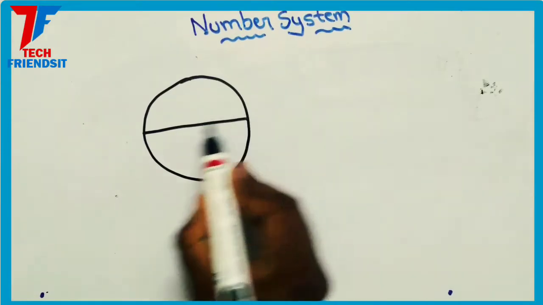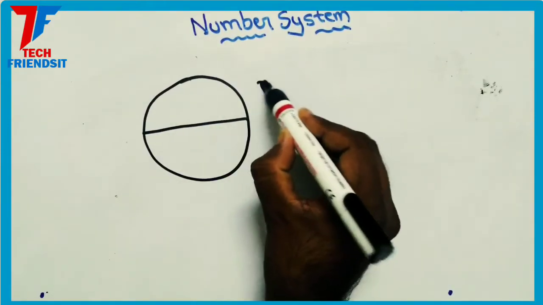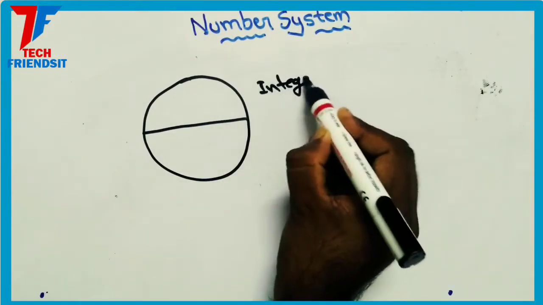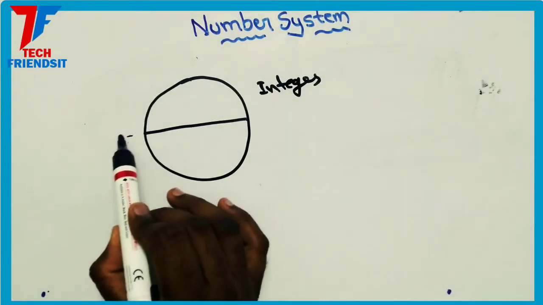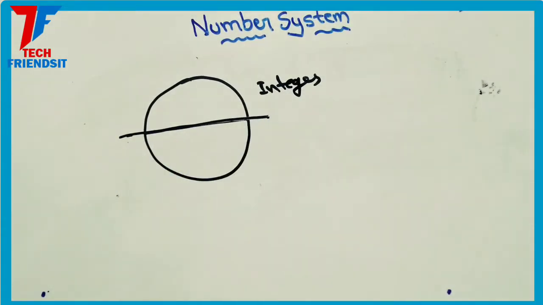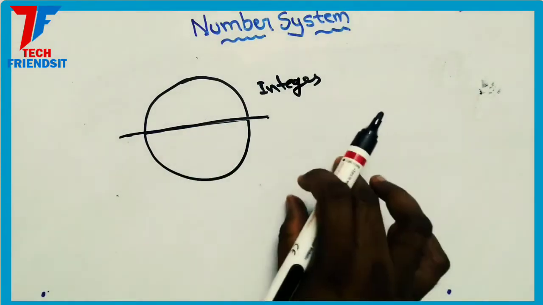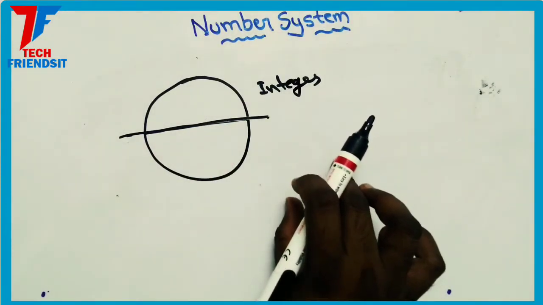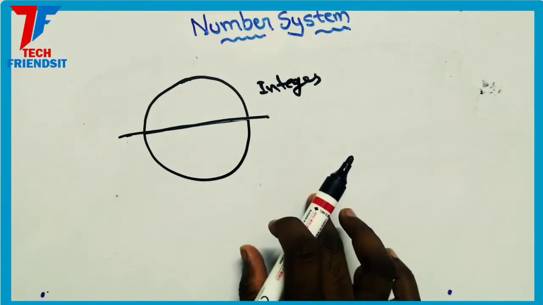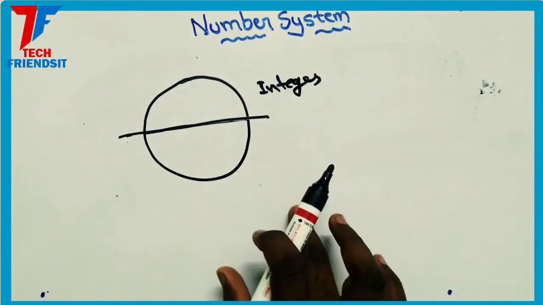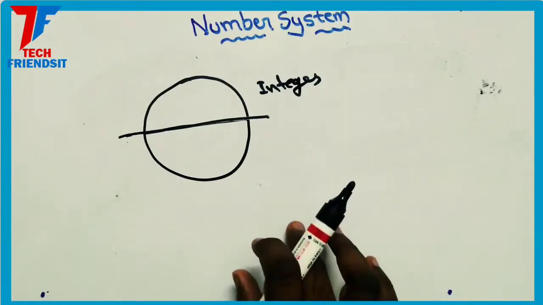We cannot write this in integers, right? So the whole cake is 1. So we are dividing it into two parts. We cannot form this into integers. In such cases, fractions are used.